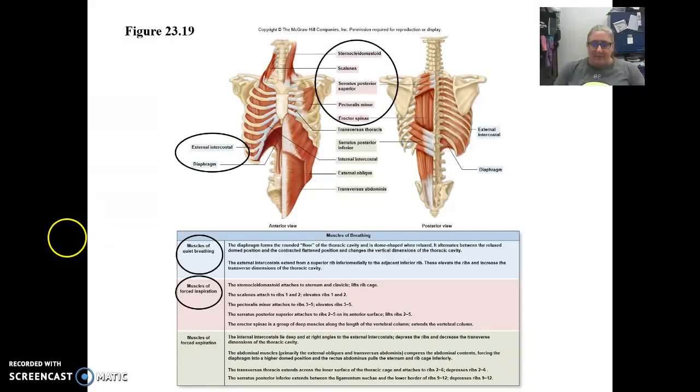And then we have muscles of expiration. A lot of these are our abdominal muscles. So we have the external oblique, the internal, transverse thoracis. We should have the rectus abdominis on there.